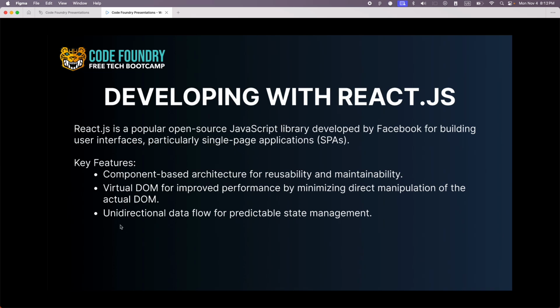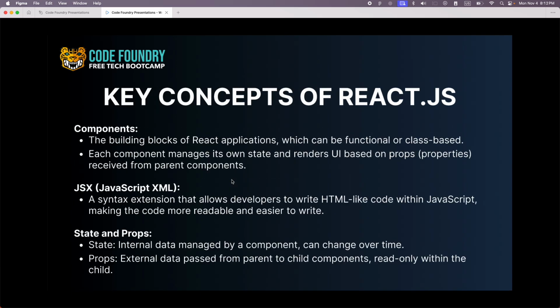In addition to that, React.js features unidirectional data flow for predictable state management. So our data moves from higher level components to lower level components. And again, this has to do with our component-based architecture.